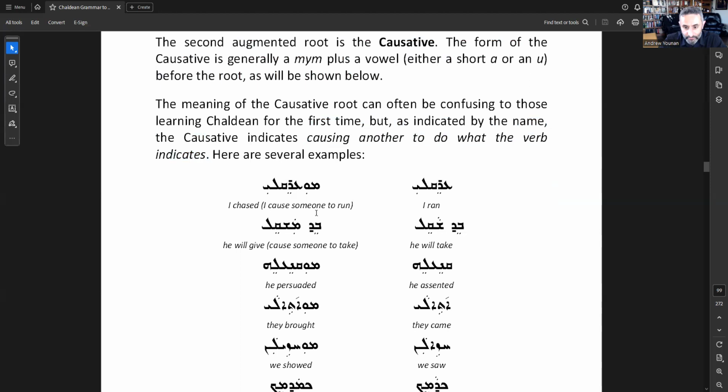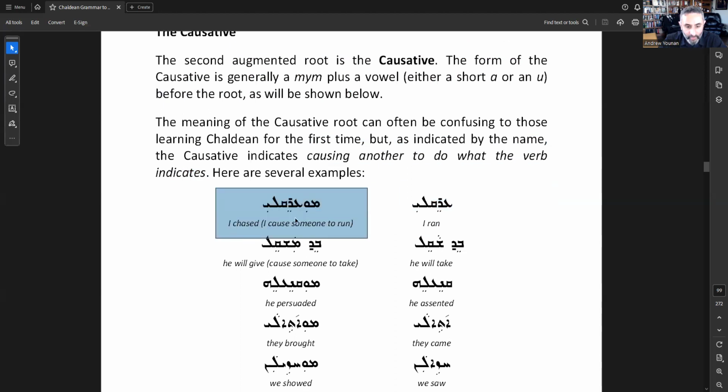Just look at some examples. Araqli means I ran. I think we've seen this root before. Araqa, resh qop, and here's the second, type B endings. So I ran, past tense. Mu'raqli is an example of a causative. So you have the meme plus the waw, so a meme with a vowel on it.